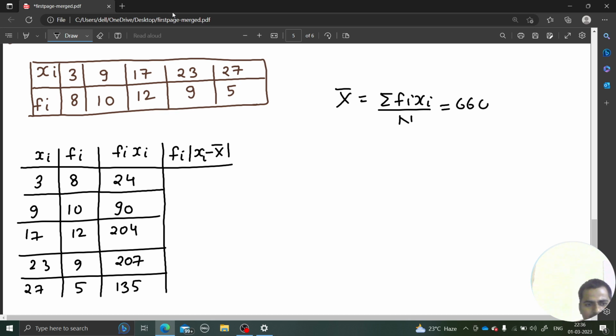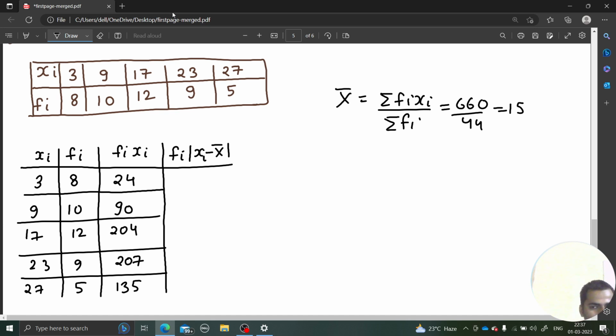Now n in this case is nothing but, you don't write n here, you write summation fi, because 3 has appeared 8 times, 9 has appeared 10 times, so the n value will be the sum of the fi, so that will be 8 plus 10 plus 12 plus 9 plus 5, and this is going to give you 44. So if you do this calculation, 660 divided by 44, it is going to give you 15. So 15 is your mean.